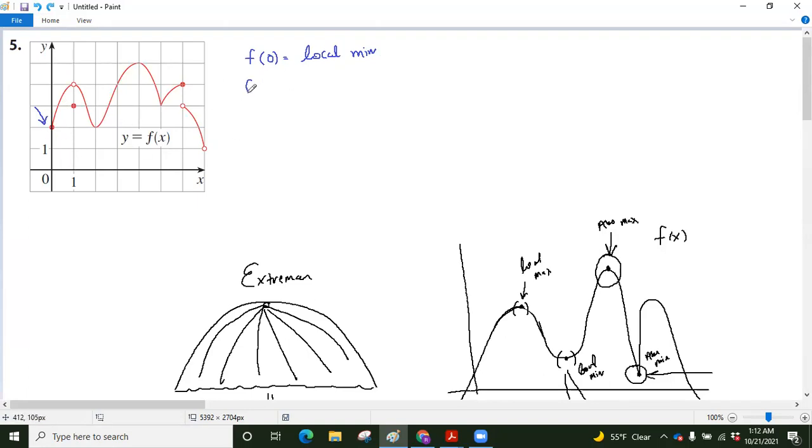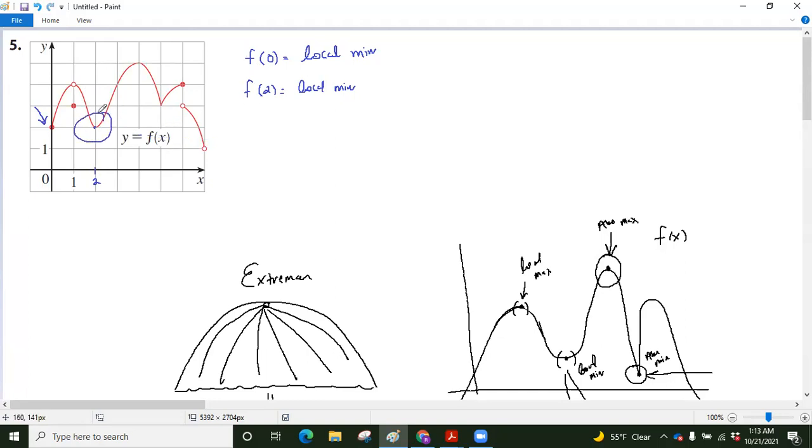And as we move on, let's not look at f of 1 for now. I'll clarify this later. Let's look at f of 2. So 0, 1, 2. This here, f of 2, would be a local minimum, in particular because it's not the absolute lowest value throughout the graph. Again, these are still lower than this value here.